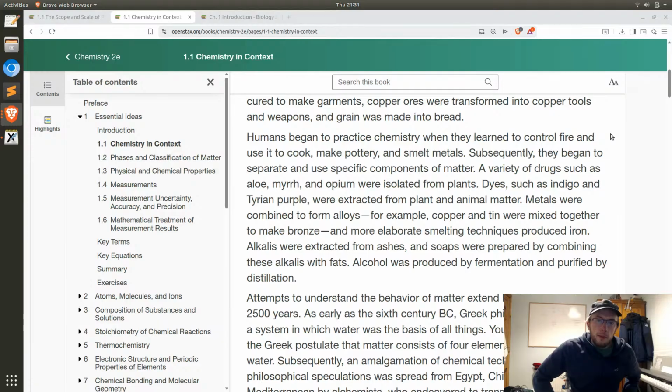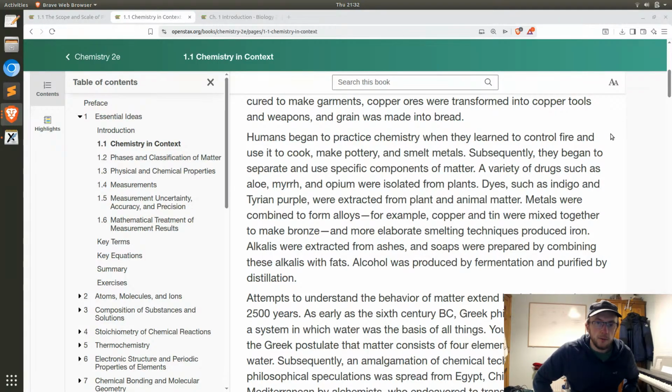Subsequently, they began to separate and use specific components of matter. A variety of drugs such as aloe, myrrh, and opium were isolated from plants. Dyes such as indigo and Tyrian purple were extracted from plant and animal matter.